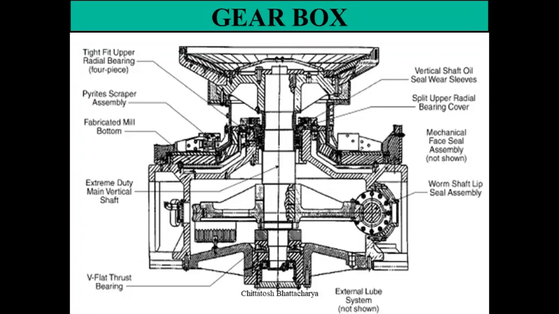There is an arrangement to lubricate the top bearings and bottom bearings, including thrust bearings. For that there is a small pump fitted at the bottom of the vertical shaft. This pump rotates along with the vertical shaft, and it pumps the oil through a small hole across the vertical shaft for lubrication of the top bearings and intermediate bearings.